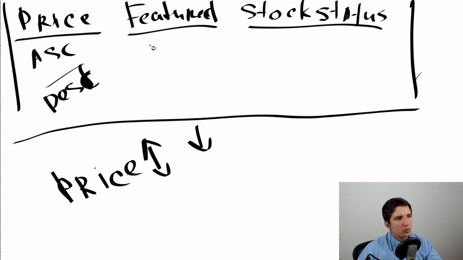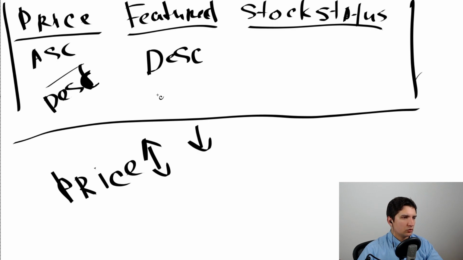However, no matter whether it is ascending or descending, we always want to show all the products that have the featured attribute set in descending order. So if you have a featured one, you want to make sure that it's always shown on top of the products that have a greater or lower price. So you want to always show those ones on top within a price range.